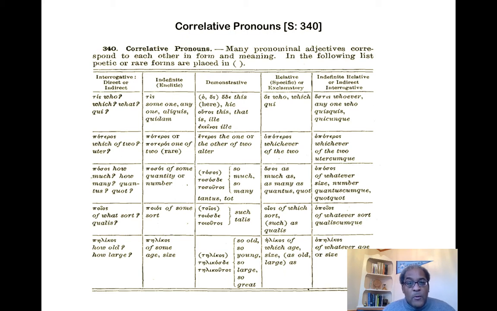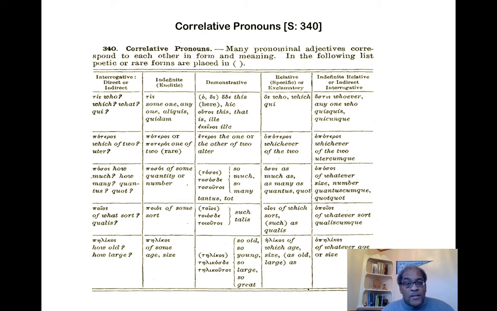And so you have who versus someone, which of two, or which one of two, like one of the two men is blind.